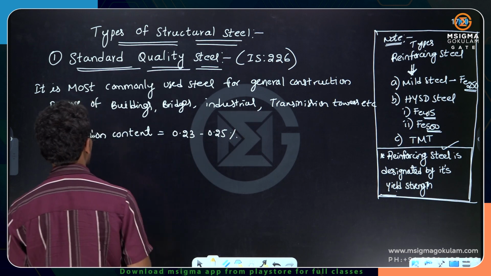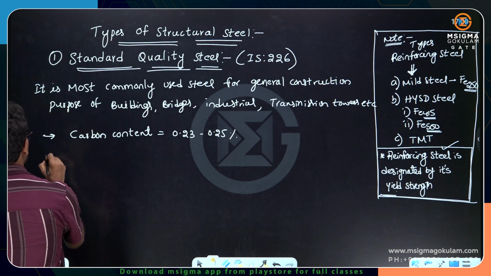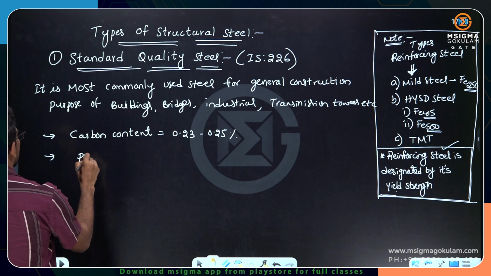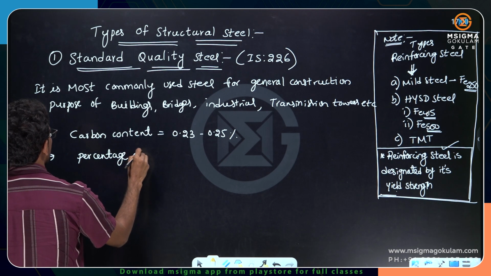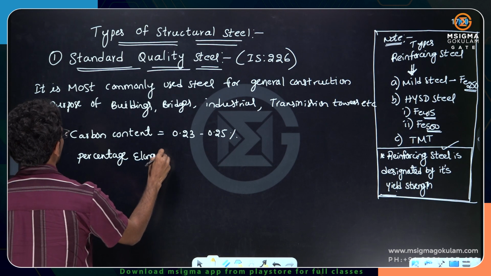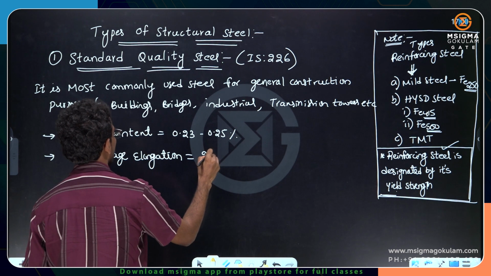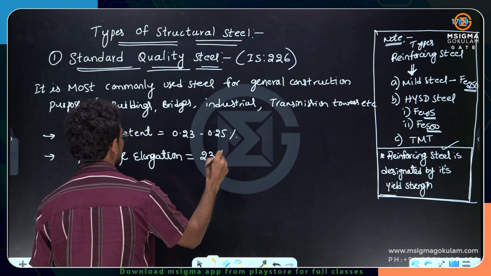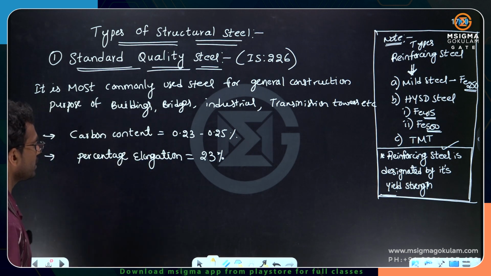That means it comes under low carbon steel basically, okay. And then comes percentage elongation. The percentage elongation of this particular steel could be around 23 percent. So 23 percent is the percentage elongation of this standard quality steel.